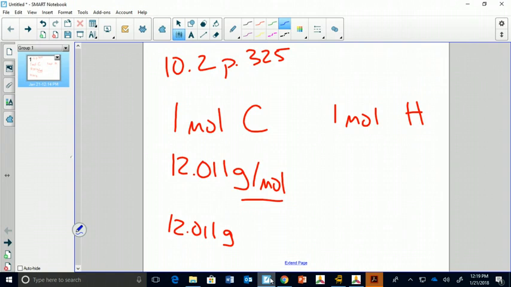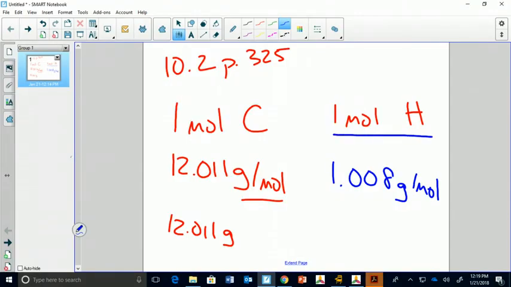Anyway, it would be 1.008 grams per mole. And again, what that's telling me is if I have 1 mole of hydrogen, 6.02 times 10 to the 23 atoms of hydrogen, the mass of that number of hydrogen atoms will be 1.008 grams.